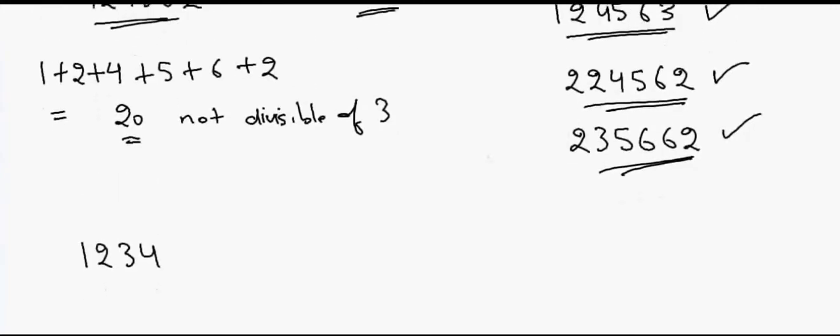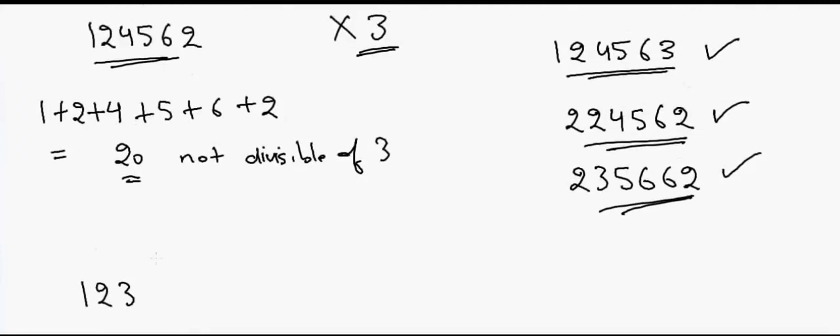Now let's talk about 4. The number was 1 2 4 5 6 2, and we ask whether it is divisible by 4 or not.